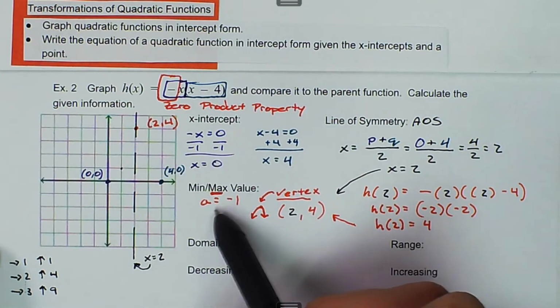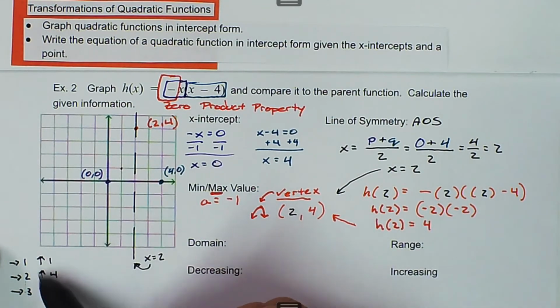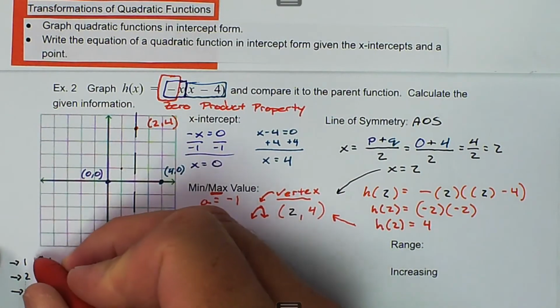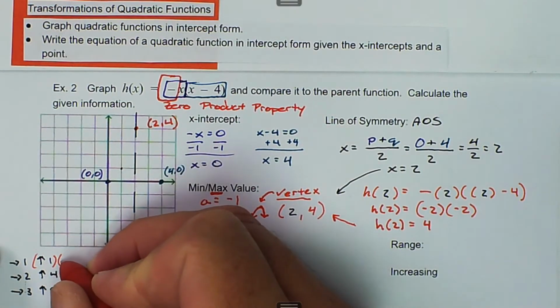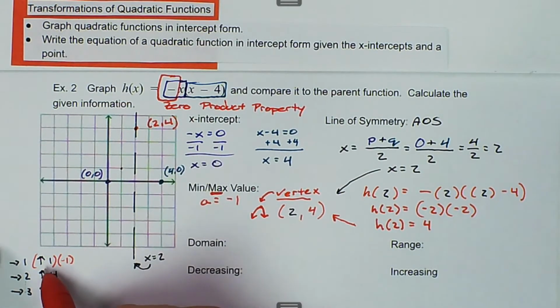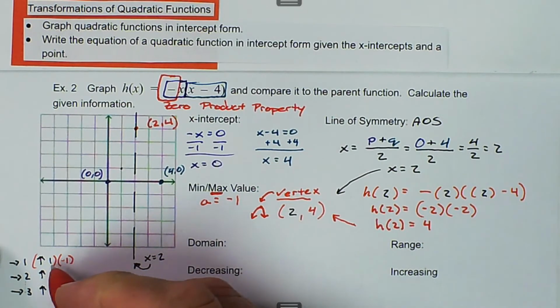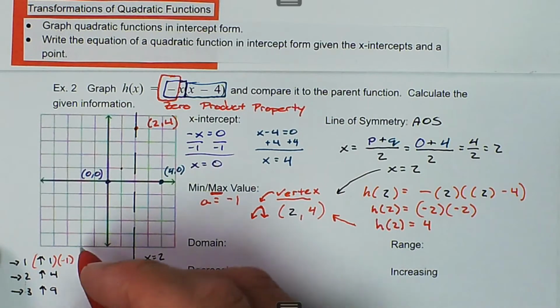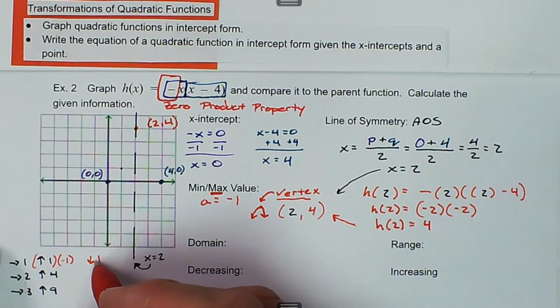Now in this case, our a value is -1. So we take our y portion of that, and then we multiply it by -1. So instead of going up 1 from the vertex, we go down 1. So we still go over 1, now we're going down 1.